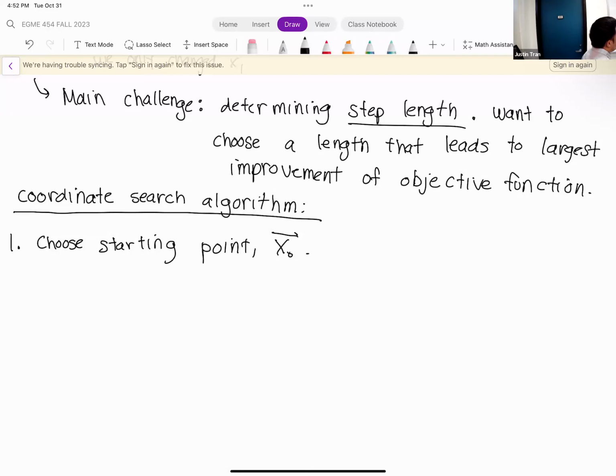In fact, for all the algorithms that we're going to go over from here on out, we're going to get at least one starting point each time. Just like we did in random walk, we're also going to evaluate the objective function at that initial point, so we get a good base.